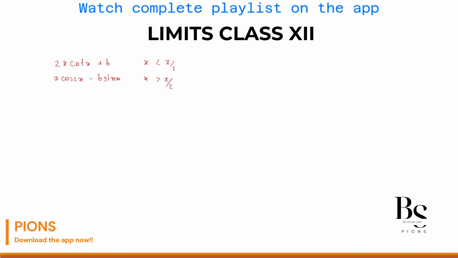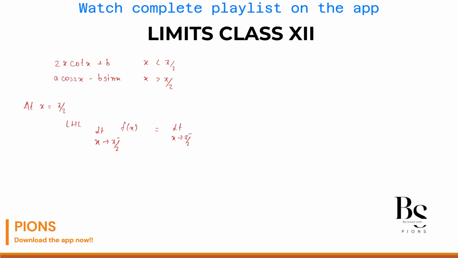So let's write here at x equal to pi by 2. Let's put here LHL. For LHL, limit x tending to pi by 2, how do we write the left hand limit? Limit x tending to pi by 2 minus f of x.